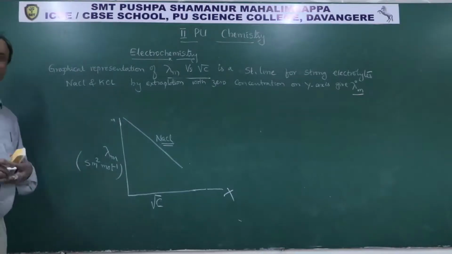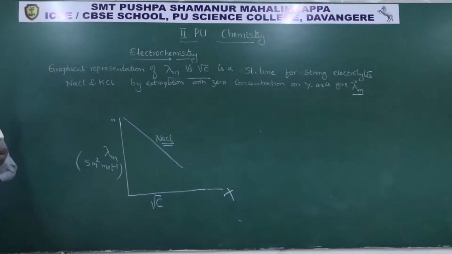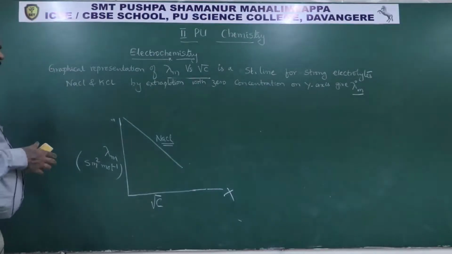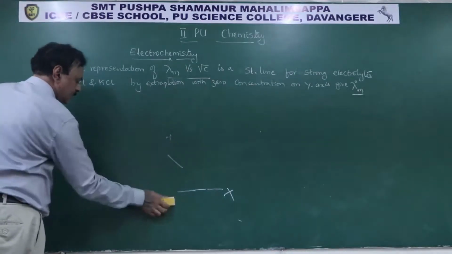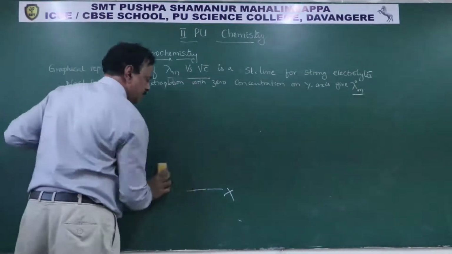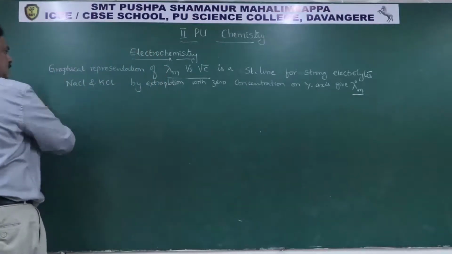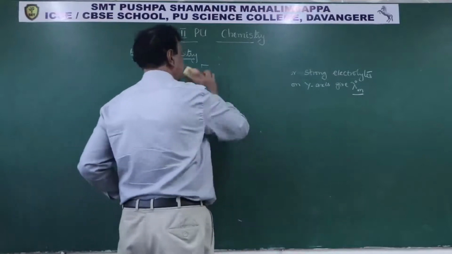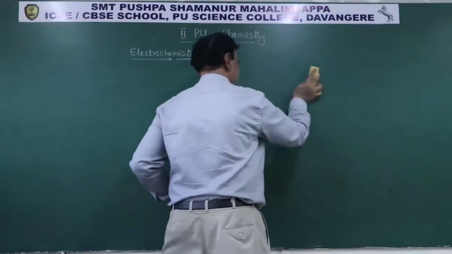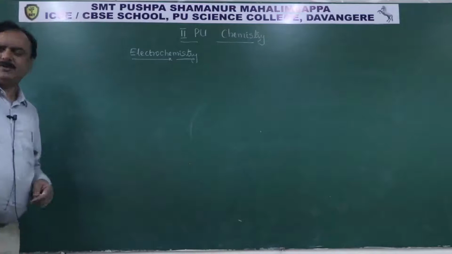In a board exam, they will ask you one more question: draw the plot of the graph of lambda m versus square root of C. In the case of weak electrolytes, the degree of dissociation increases with increasing dilution.